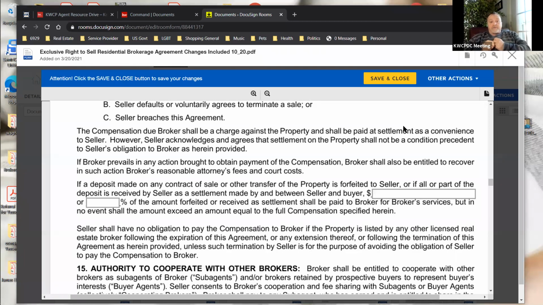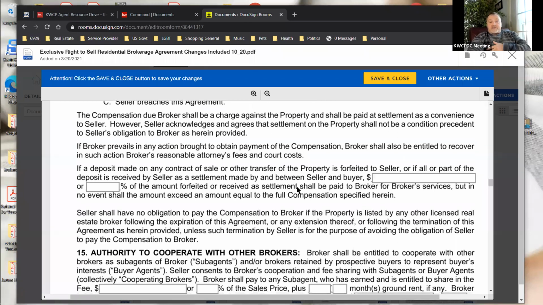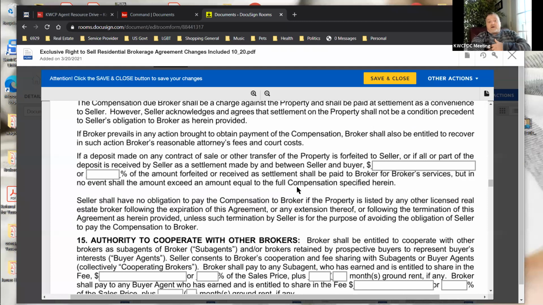All right. If the broker prevails in any action brought to obtain payment of the compensation, the broker shall also be entitled to recover in such action reasonable attorney fees and court costs. So typically, whenever there's any kind of litigation, it's a loser pay all kind of a scenario.